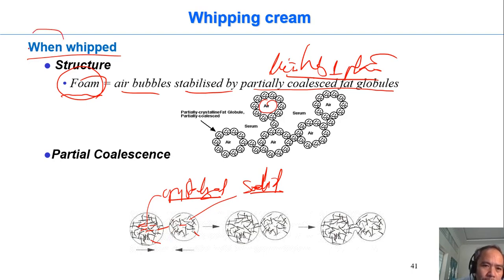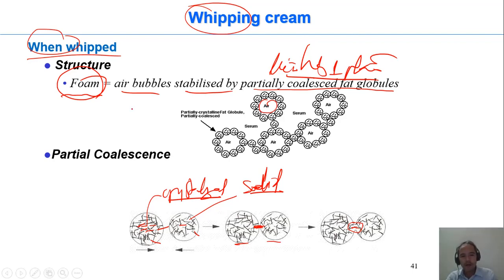And during whipping, là đánh kem, during the whipping, you see the fat globules collide with each other, and because it's hard because of the piercing needles, a piercing crystal, that part will be broken like this, and then they will link together like this. Okay, because this part is broken and the fat globules will link together.